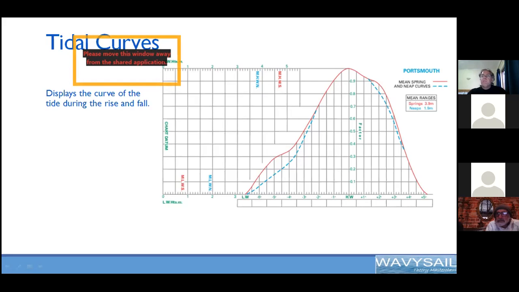That is how the tide comes in and out in Portsmouth. You'll notice it takes 7 hours to come in and 5 hours to go out, so it floods out a lot quicker than it floods in.